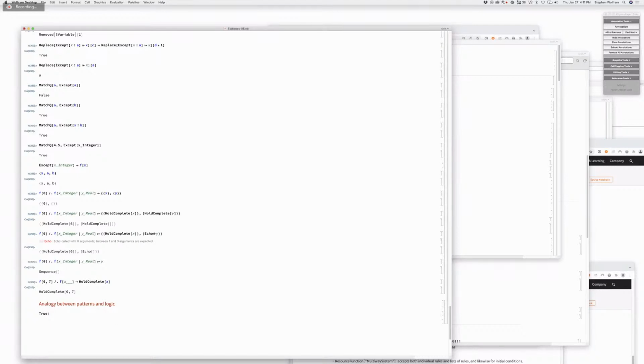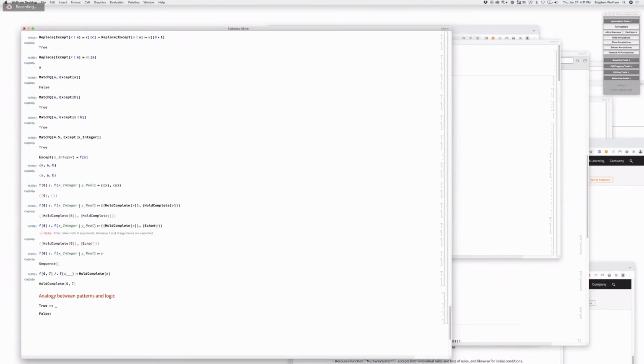Okay, so your claim is that true is like blank and false is like Except blank. But you're also claiming that Sequence[] is somehow like false, because Except blank is like empty Alternatives and Alternatives of Sequence.